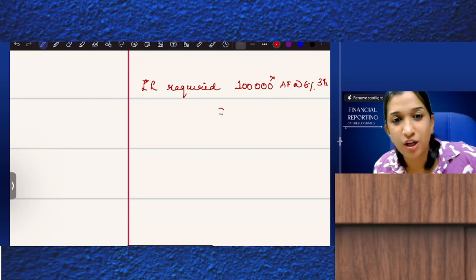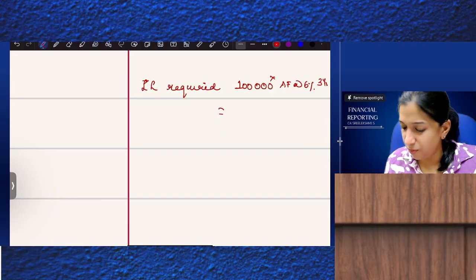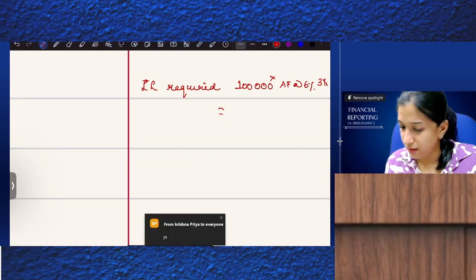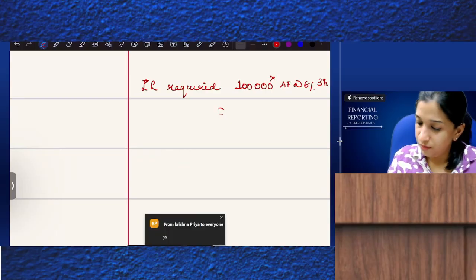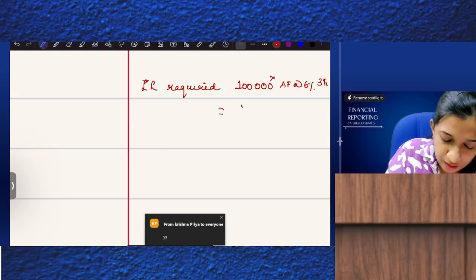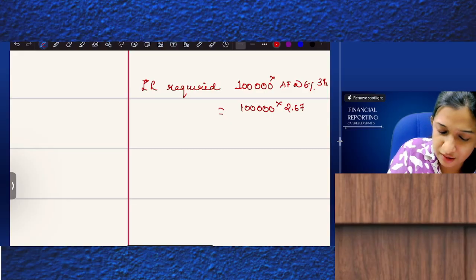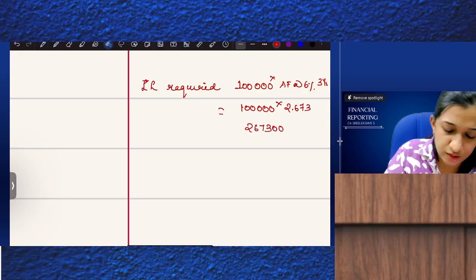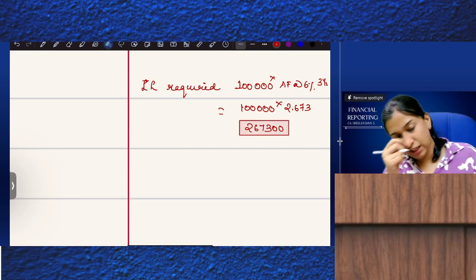This is only what is required. Yes or no? 1 divided by 1.06, for 1, 2, 3 years, it is 2.673. 1 lakh into 2.673, 2,67,300 was the lease liability required.